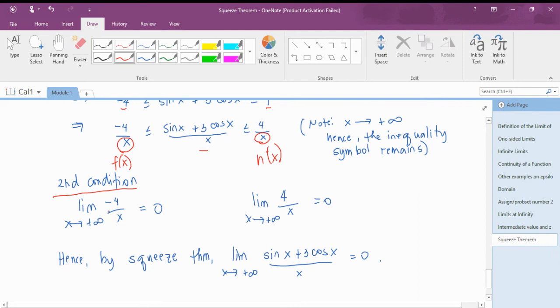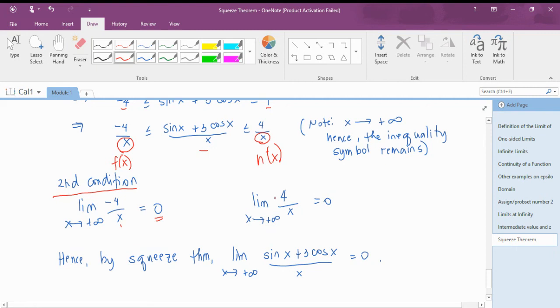So, negative yung ating numerator, and then yung x naman natin ay palaki ng palaki. So, kung lumalaki yung denominator natin, technically, yung value ng buong fraction natin ay nagde-decrease. Or, ina-approach niya si 0. Okay, so negative 4 over x, x approaches positive infinity. So, ang limit nun ay equal sa 0.